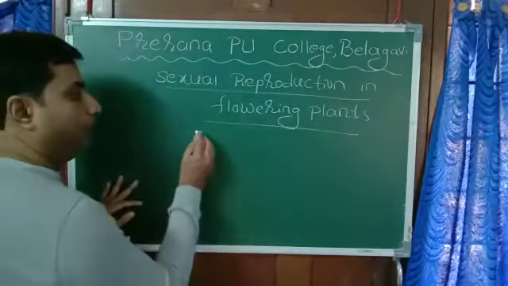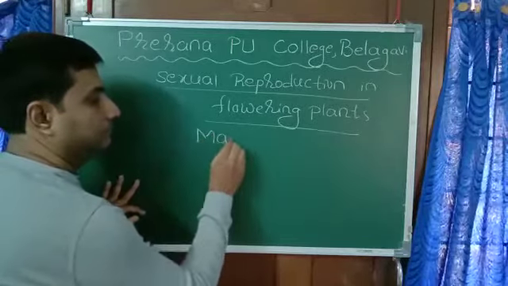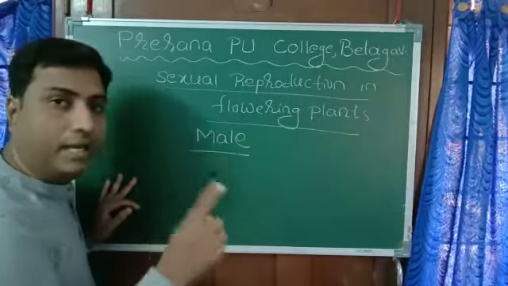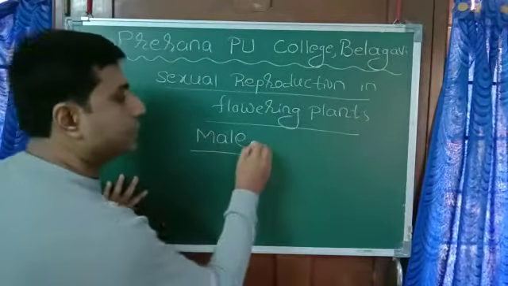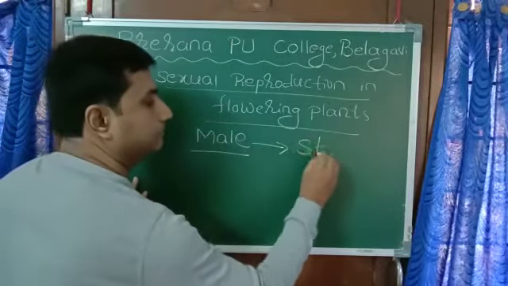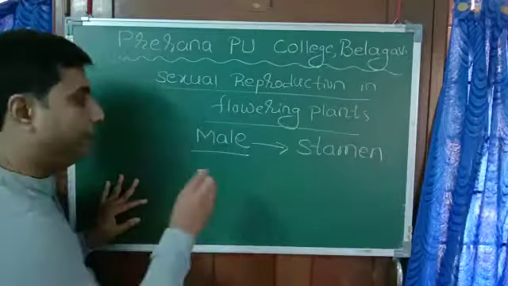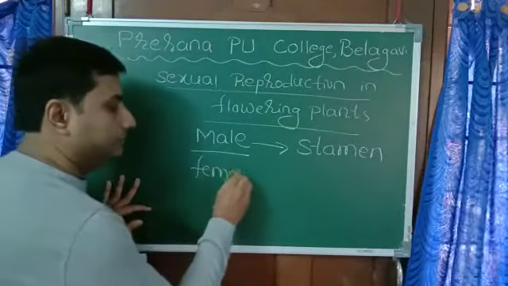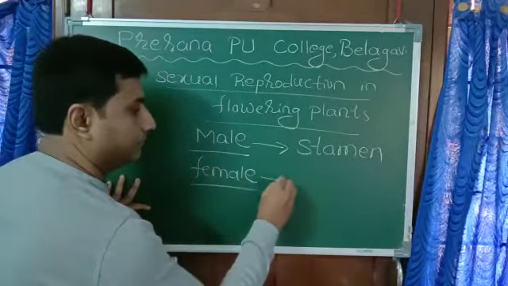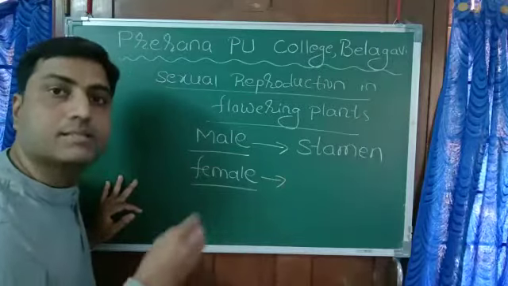The male reproductive part in the flower is the stamen, and the female reproductive part is the carpel.